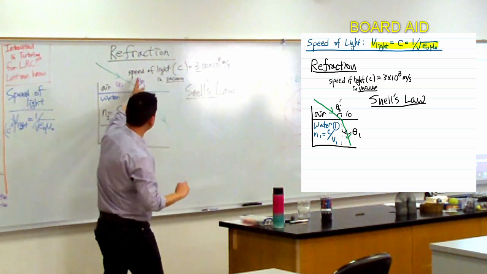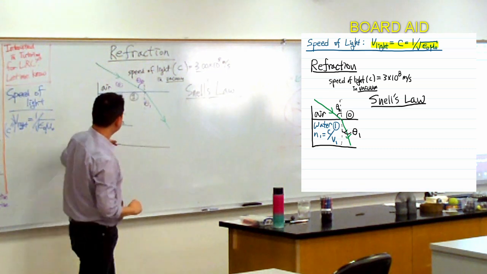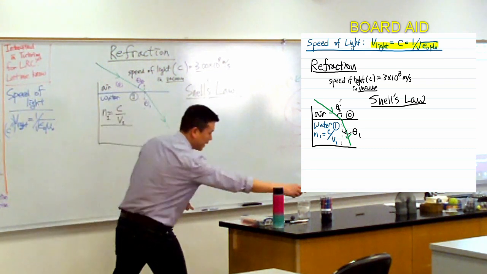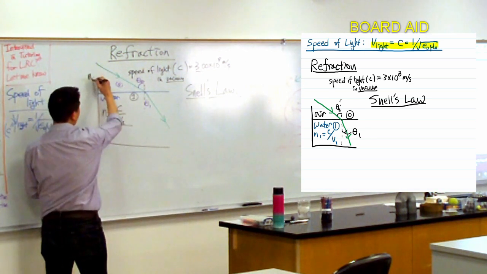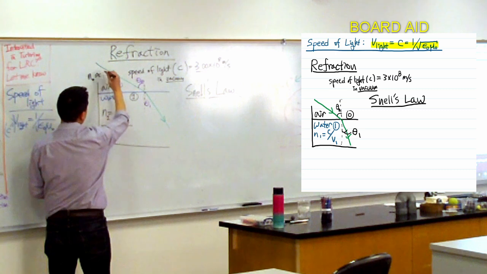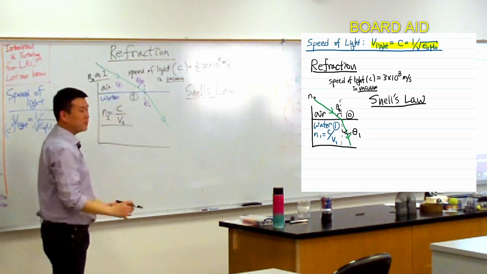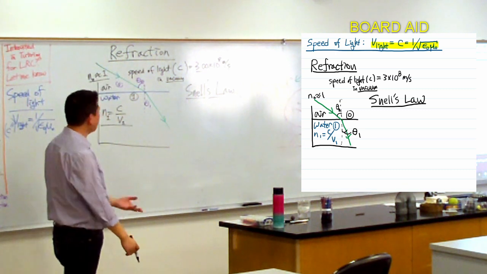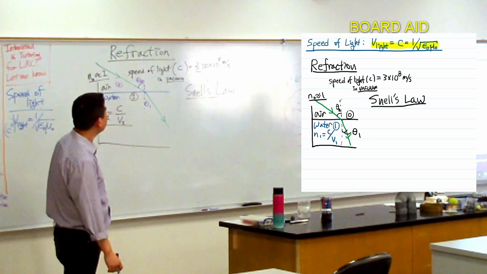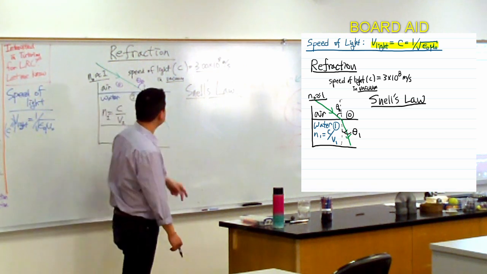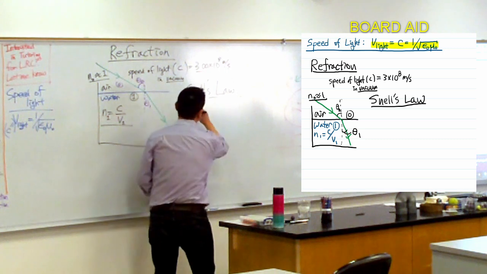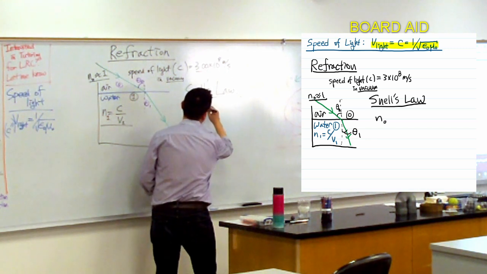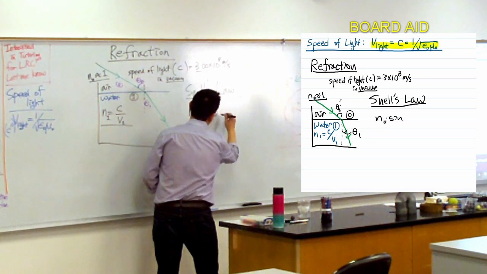We do these descriptions of angle, we do this index of refraction. So if I'm being completely thorough, the index of refraction of air is approximately equal to 1. It's within 1 part in 1,000 equal to 1. So Snell's law says that this combination of quantities is constant: index of refraction times sine of theta naught.